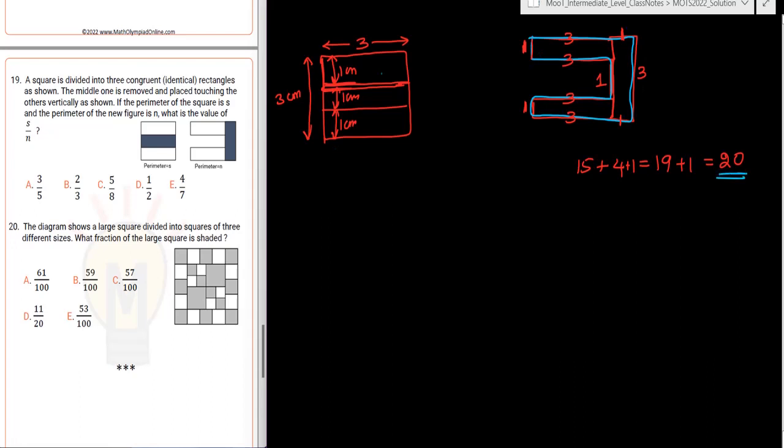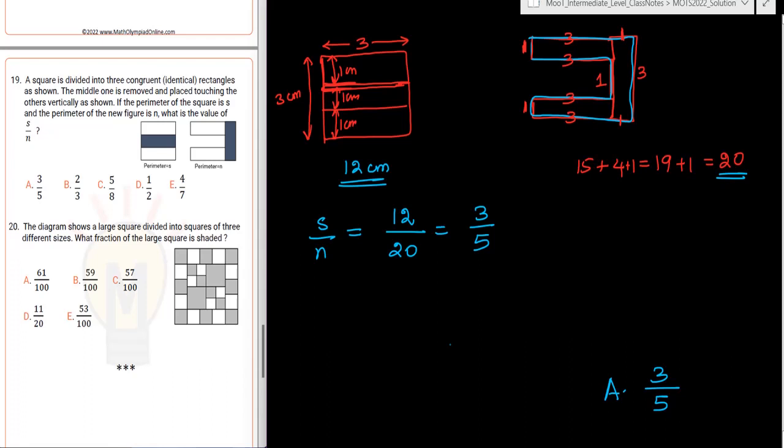What about the original square? Its perimeter will be 3, 3, 3, 3. So that will be 12 centimeters. Now, what is the value of S over N? S is the original square, 12 centimeters. N is 20, the new one. So that's equal to 3 by 5. So the answer is A, 3 by 5.